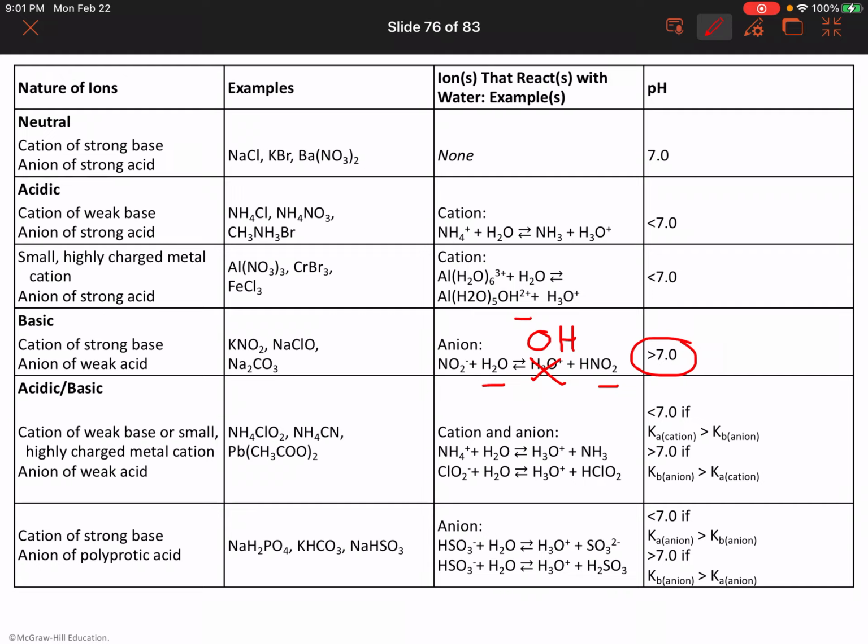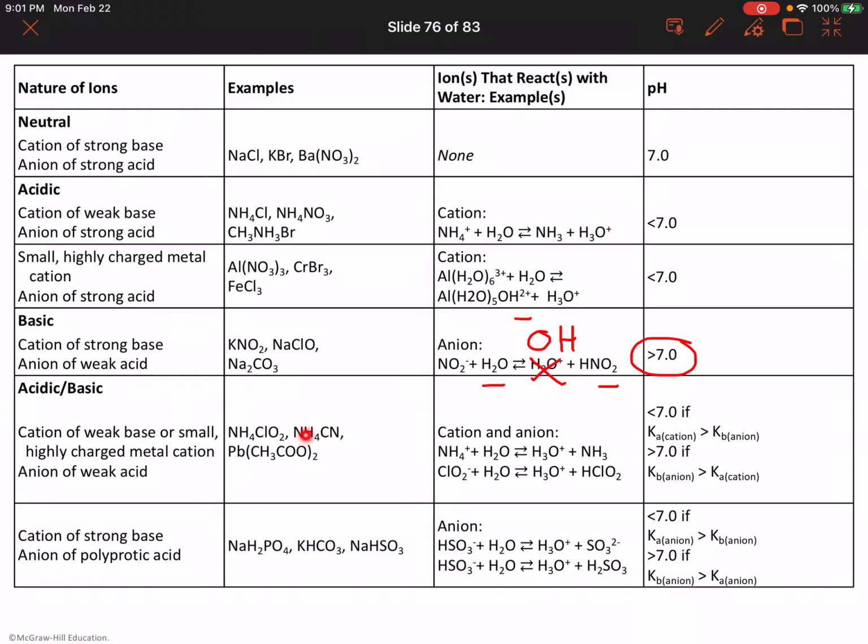And then if you have a cation of a weak base or a small, highly charged metal cation and an anion of a weak acid, like ammonium chloride, ammonium cyanide, lead acetate.